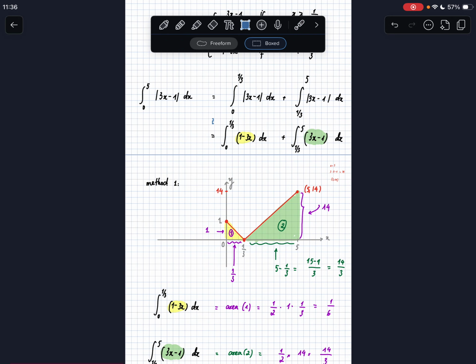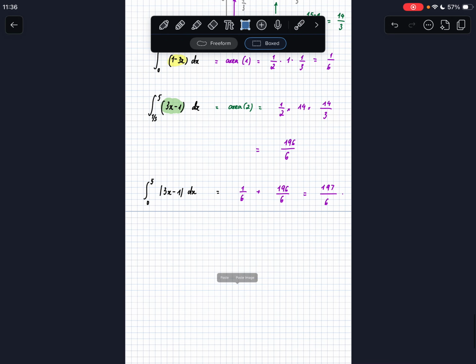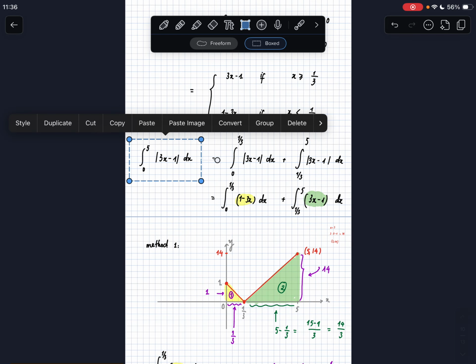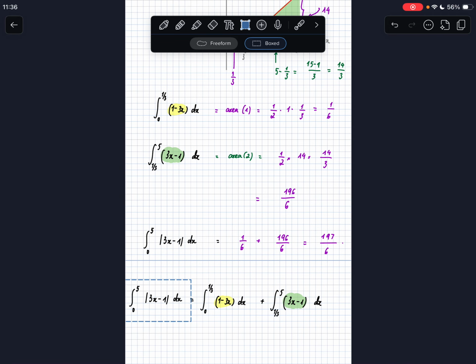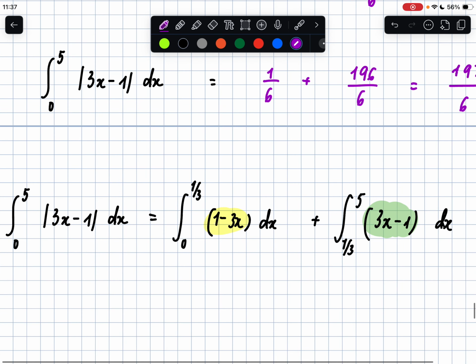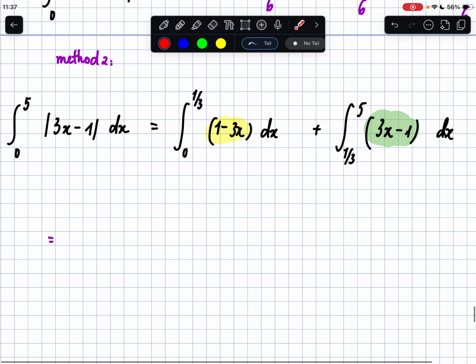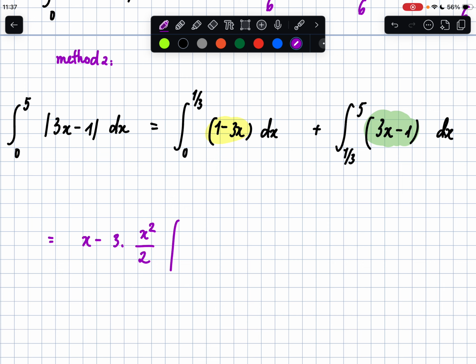Let's do method 2 then. Compute this integral using the theorem. Method 2. So we have the antiderivative of this one, x minus 3 times x squared over 2, for x from 0 to 1/3, and 3 times x squared over 2 minus x for x from 1/3 to 5.